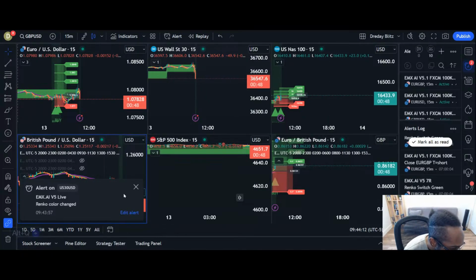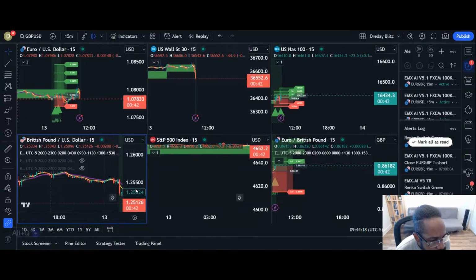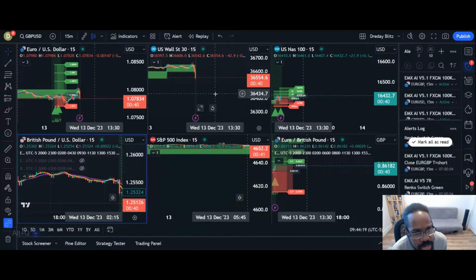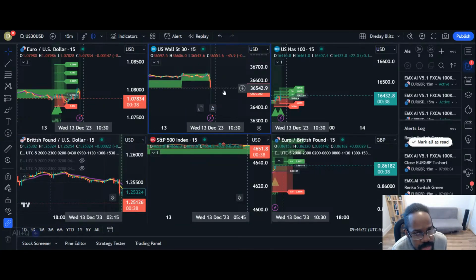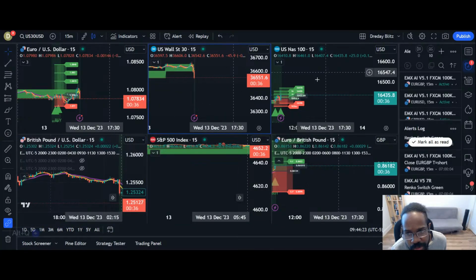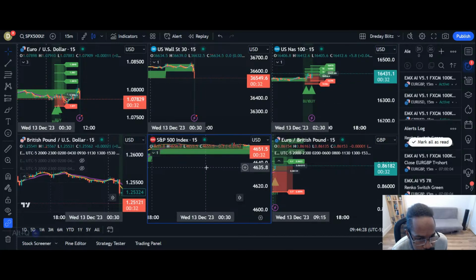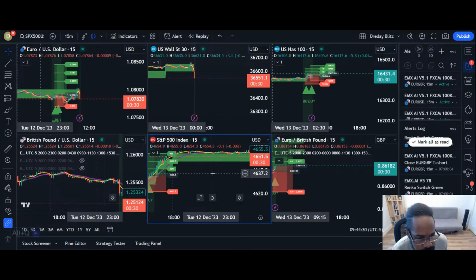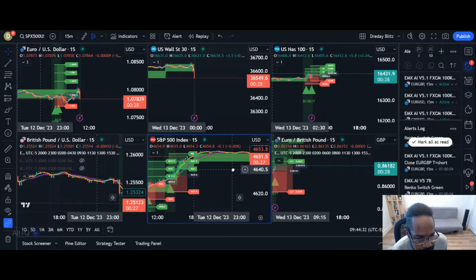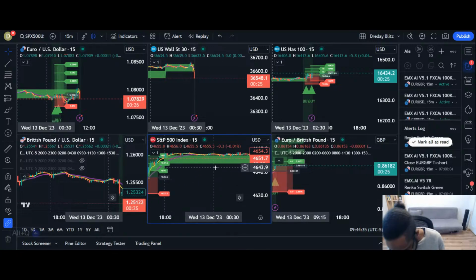All right, so the Renko color changed on US 30. So now we're looking for bearish movement here. Like I said yesterday, we should expect an exhaustion here in the market on the indices.